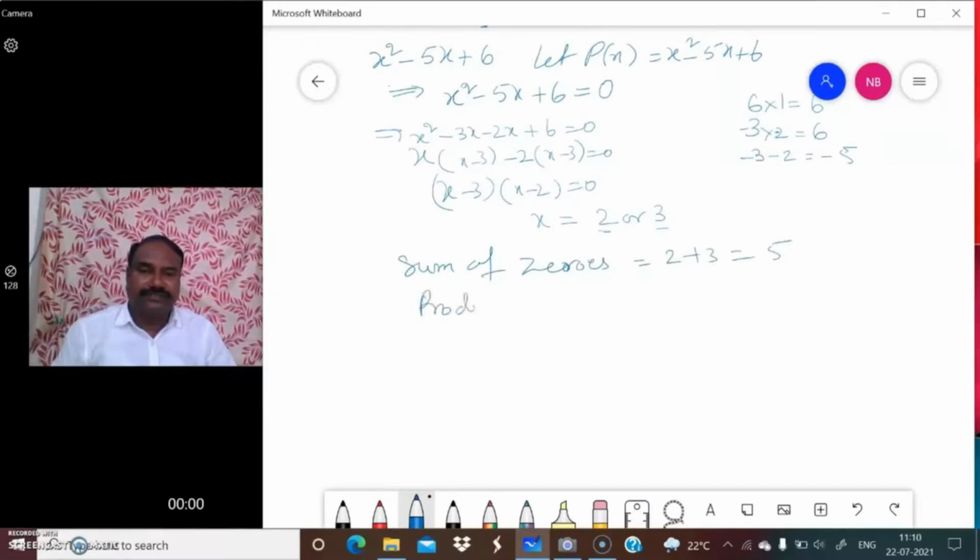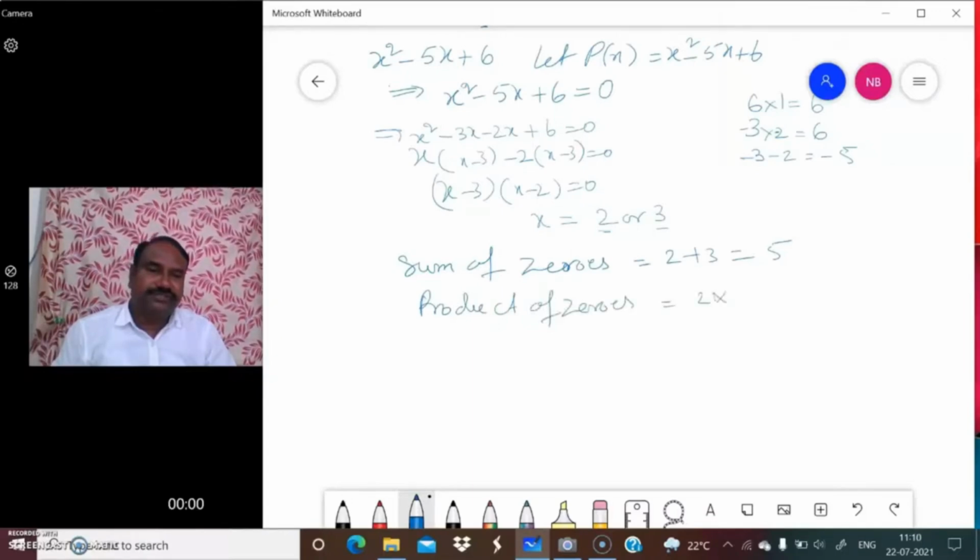Product of the two zeros, 2 into 3, is equal to 6. Now let us compare this x square minus 5x plus 6 equal to 0 with our general form ax square plus bx plus c equal to 0. Then in place of a it is 1, in place of b it is minus 5, in place of c it is 6.